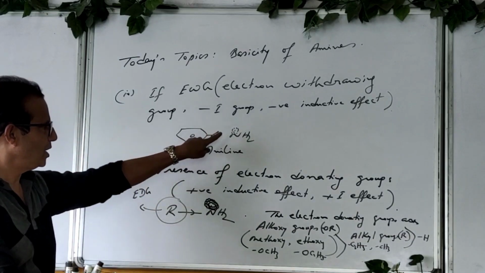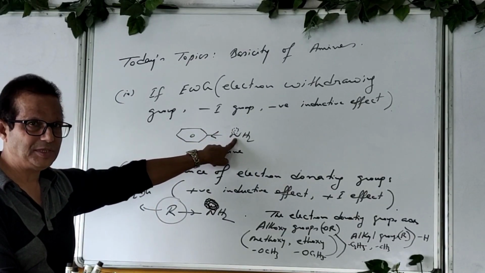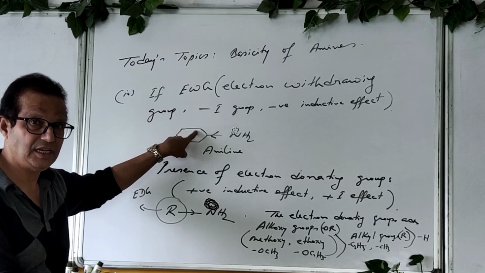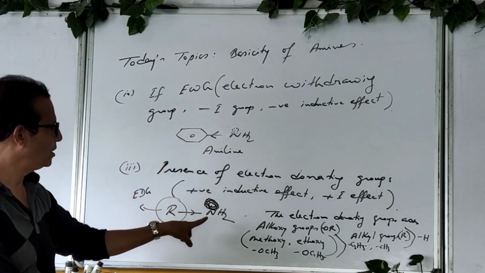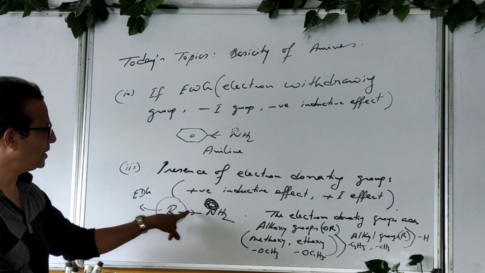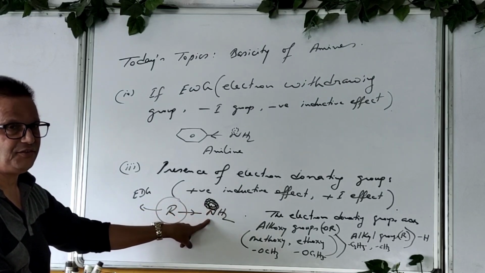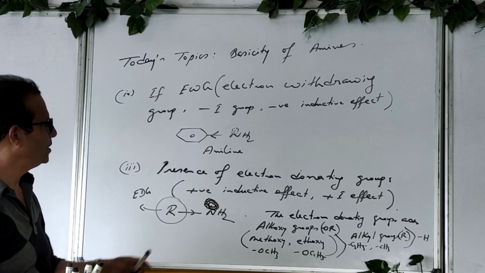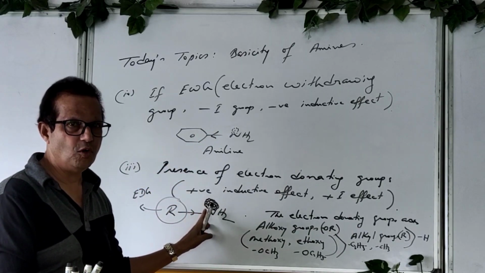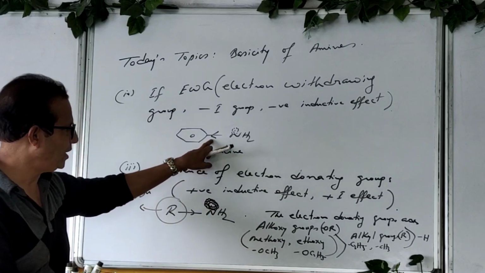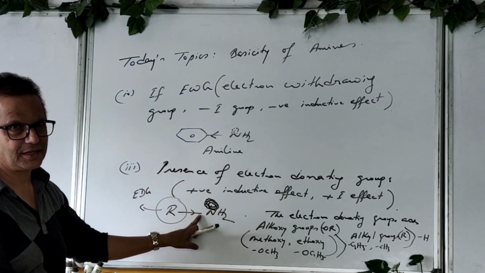Remember, if the nitrogen atom of the amino group is directly attached to benzene, that's called an aromatic primary amine, and if there is no benzene, this is called an aliphatic primary amine. Can you say which one is more basic, aromatic or aliphatic?